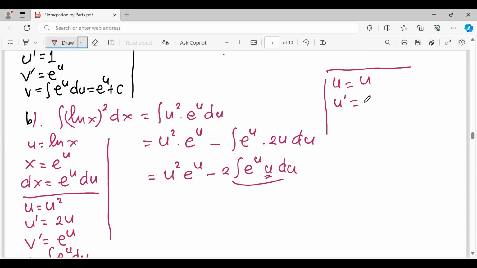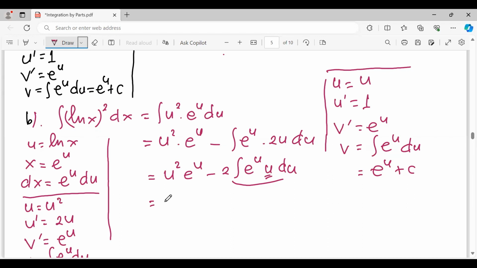So derivative u equals 1. Derivative v is e power u, and v is integral e power u du, so v equals e power u plus c.